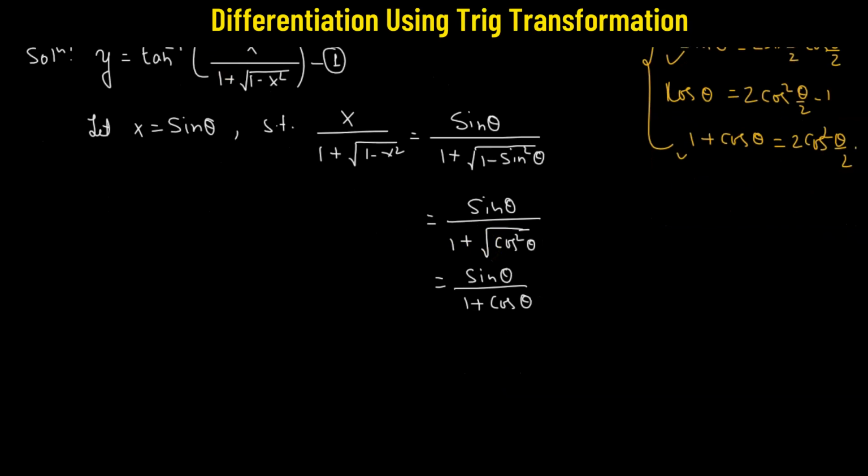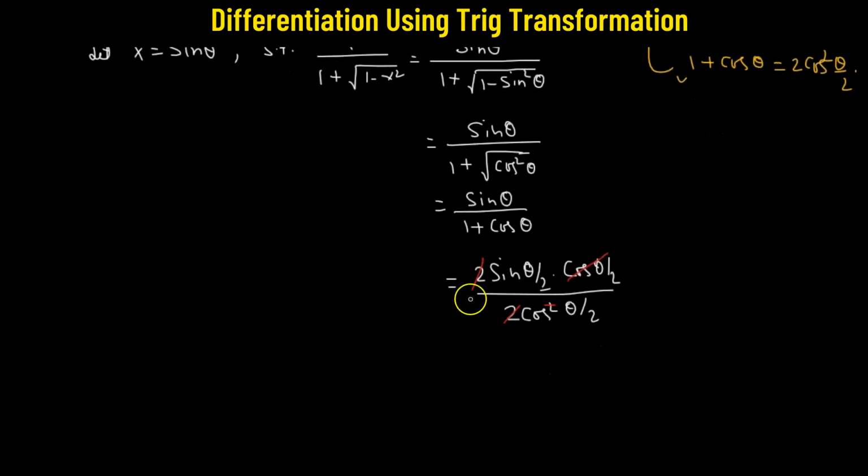That gives us 2 times sine theta over 2 times cosine of theta over 2, which we have written in place of sine theta, and in the denominator we have 2 times cosine squared theta over 2. Now luckily one cosine theta over 2 from the numerator and one from the denominator goes away, the 2 and 2 get cancelled, and we are left with the ratio sine over cosine, which is simply the tangent function. So this entire expression becomes tangent of theta over 2.